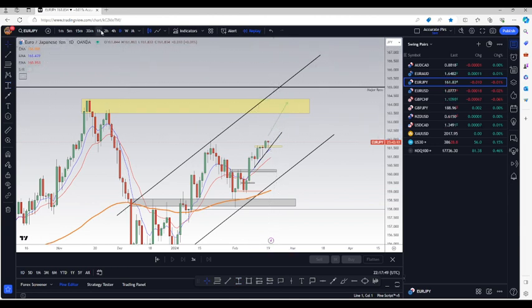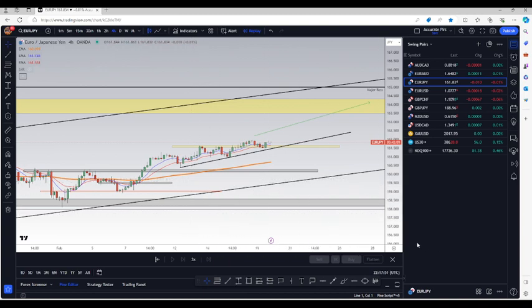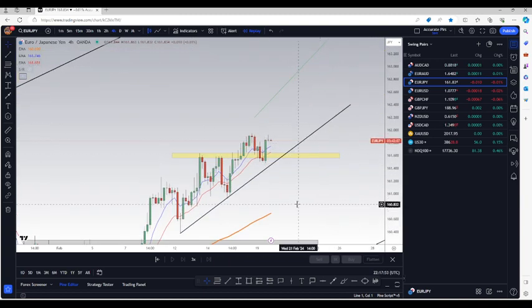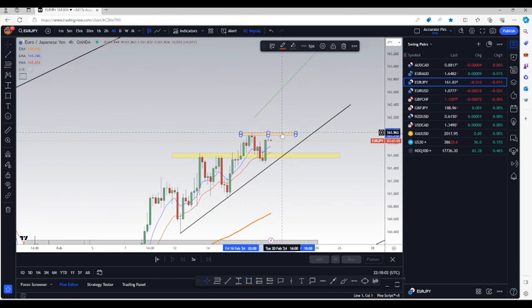Alright, cool. So we need to find a trade setup to get us in for a buy on Euro JPY. If I was going to buy EJ, I would want price to break above that level here.